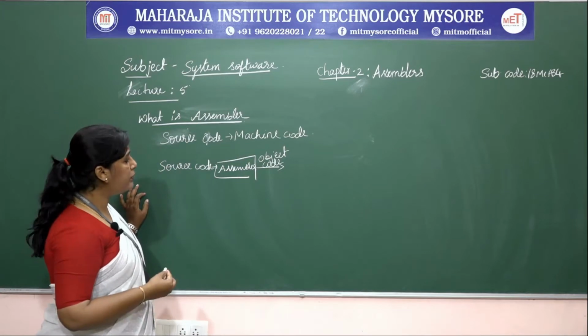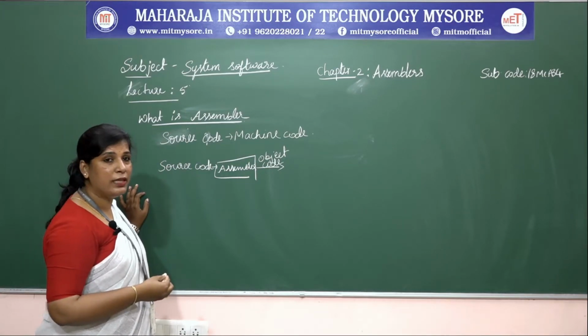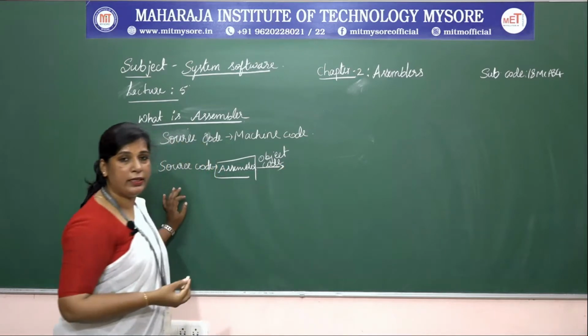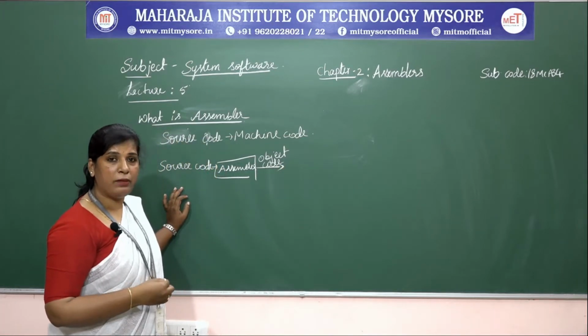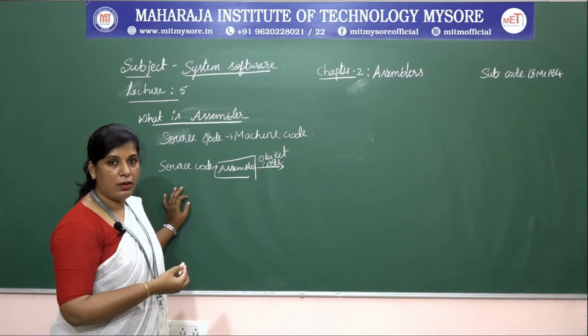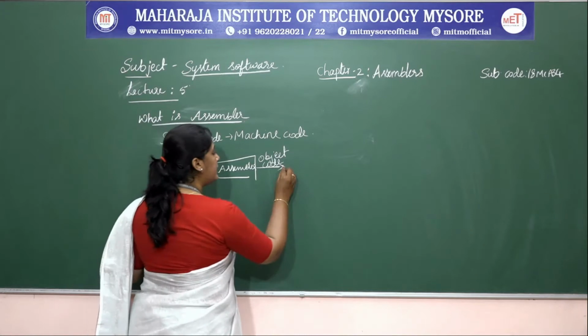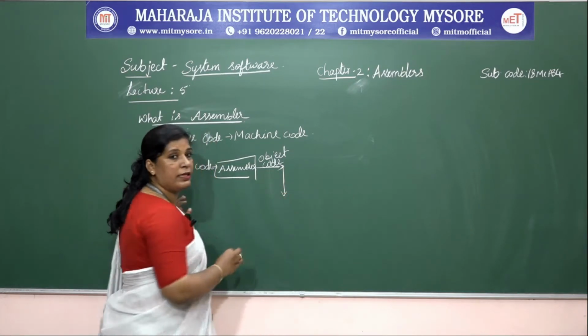Once the object code is ready, suppose some predefined routines already exist, that is the pre-process, those routines must be linked to the same program, or some other subroutines must be linked. For the linking process we use linkers.